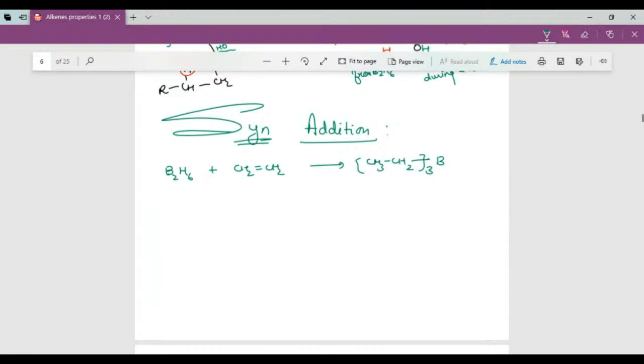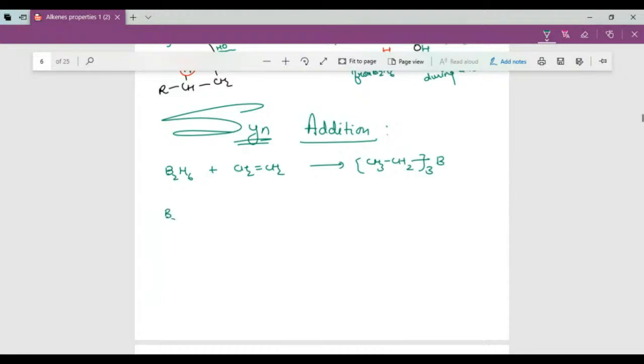It will just directly form trialkyl borane. Okay, is that clear? But if we add a substituted alkene on this particular B2H6, then as the substitution increases, its tendency to attach like this decreases.